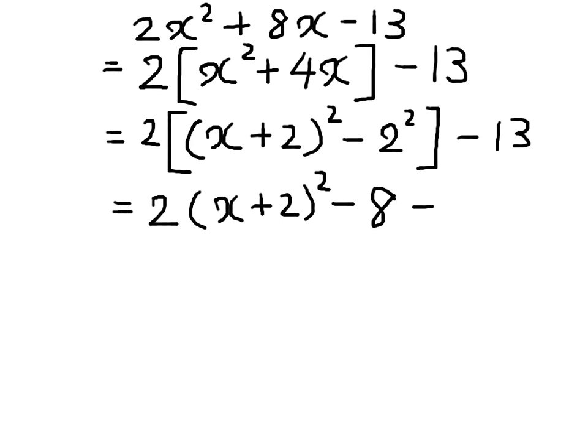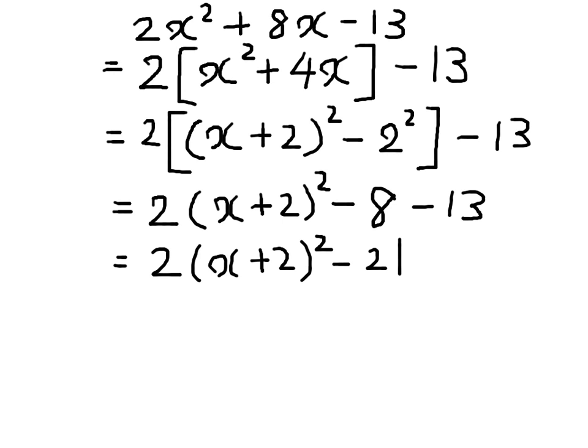And then I have minus 13 still outside. So my last line will go 2 bracket x plus 2 squared, minus 8 minus 13 is minus 21.